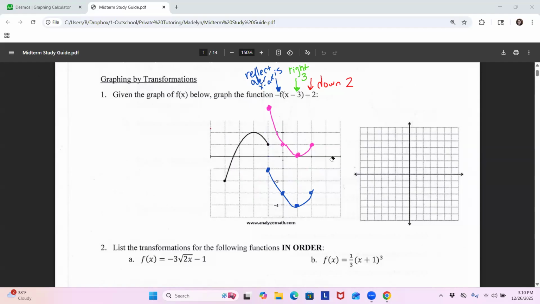And you can kind of see the next one says to tell them in order. I'm going to have to Google what is the order of transformations, because I thought it didn't matter, but it certainly does. I'm seeing a couple different things here.